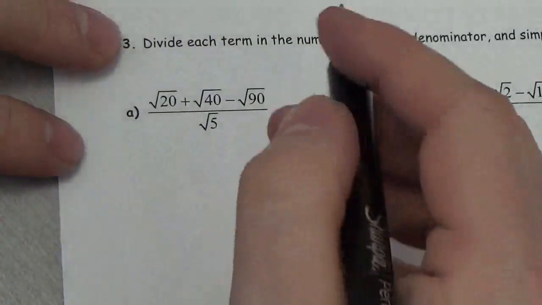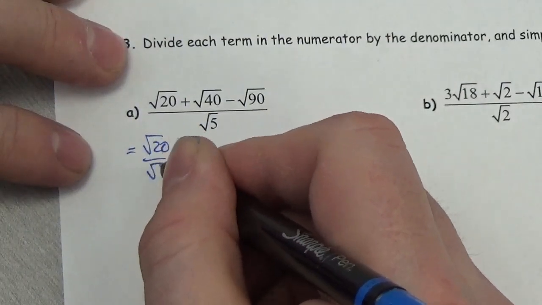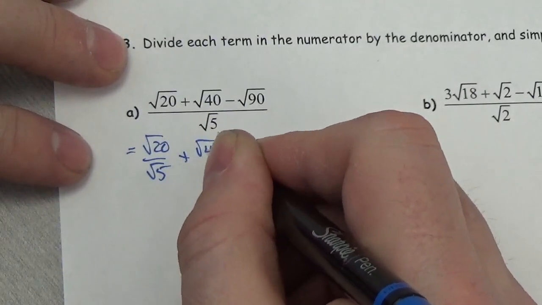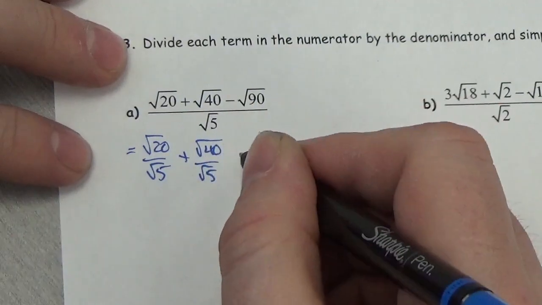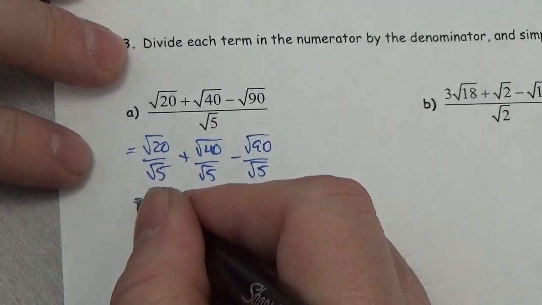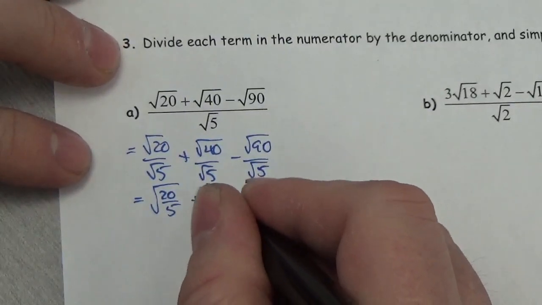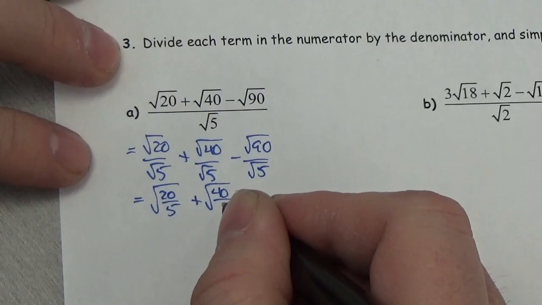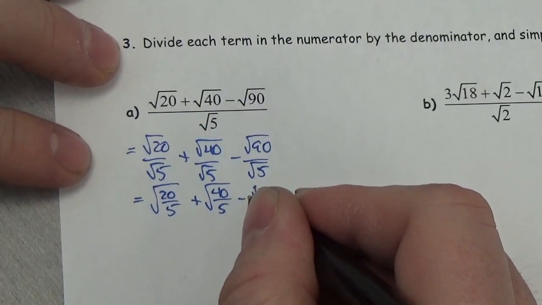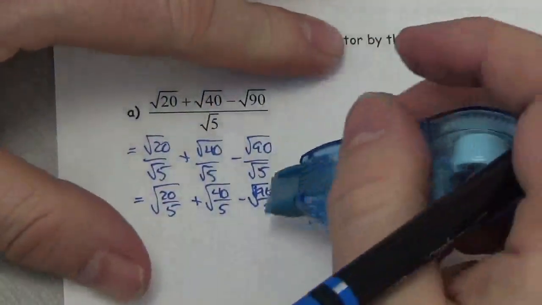So here, what we want to do is basically exactly that. I want this to be root 20 over root 5 plus root 40 over root 5 minus root 90 over root 5. And now we put the two radicals together as one radical.